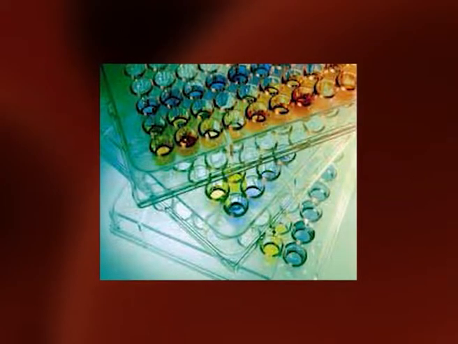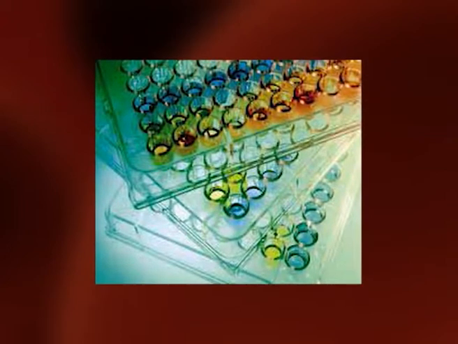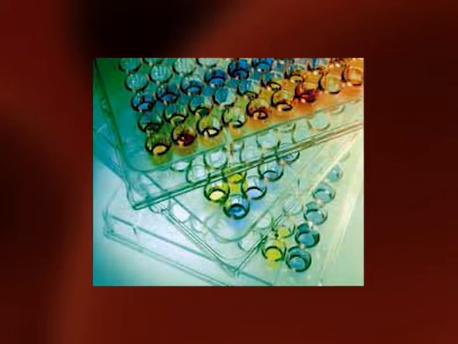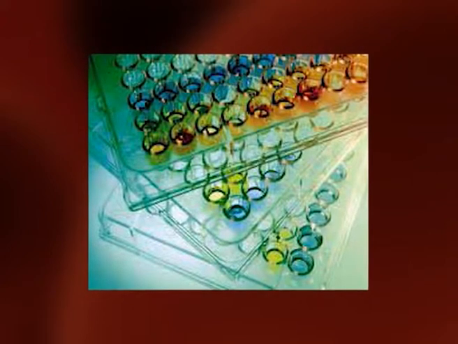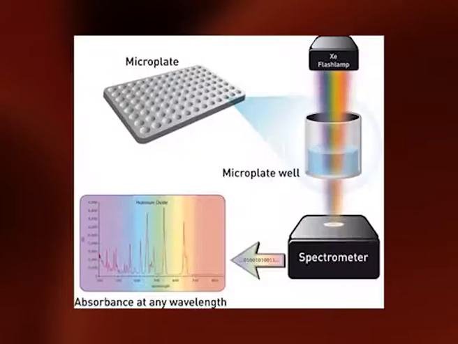This color produced is measurable as a function or quantity of antigens or antibodies in the given sample. The intensity of color or the optical density is measured at 450 nanometers. The intensity of the color gives an indication of the amount of antigen or antibody.